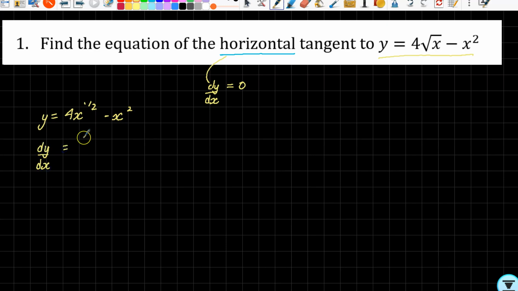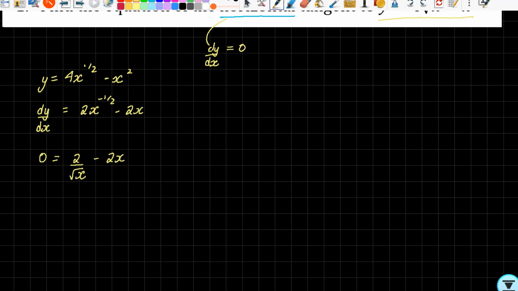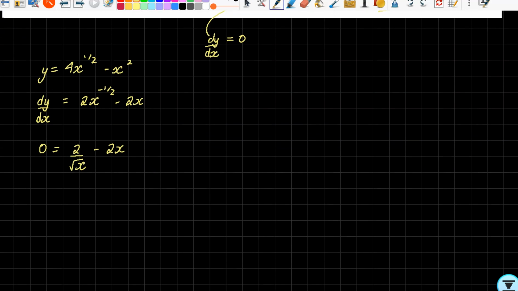So dy by dx equals 2x to the minus a half, minus 2x. And we are trying to solve for what values of x will this equal 0. So that's 2 over root x, take 2x. You could use your calculator if you wish to solve this.